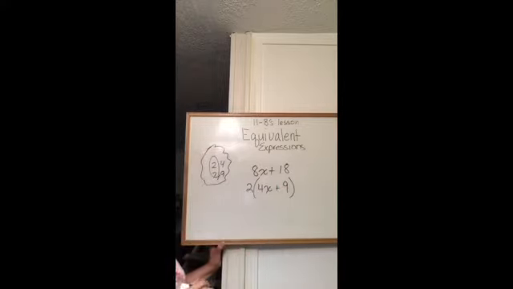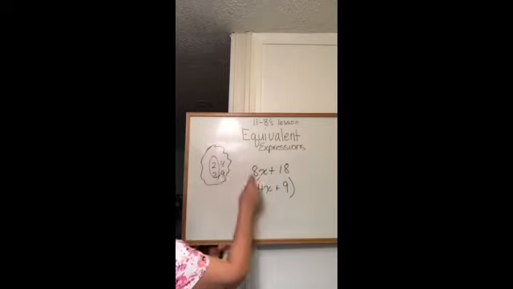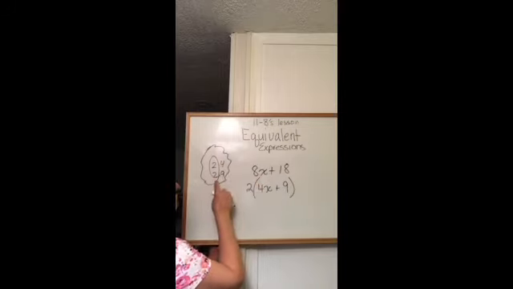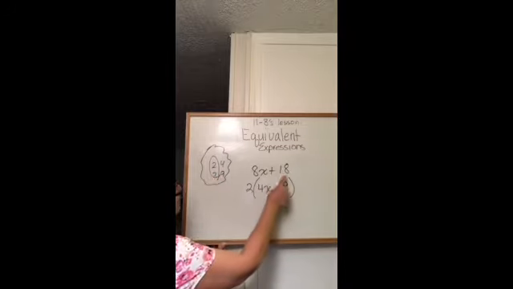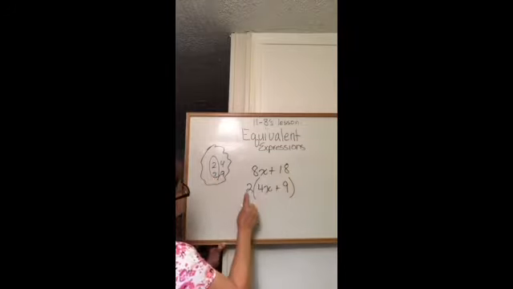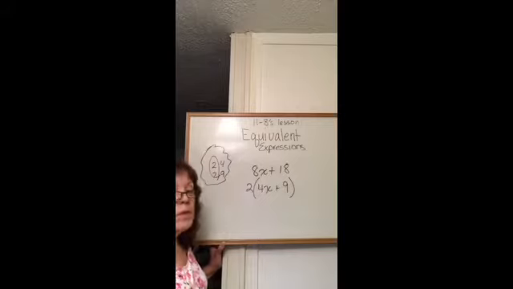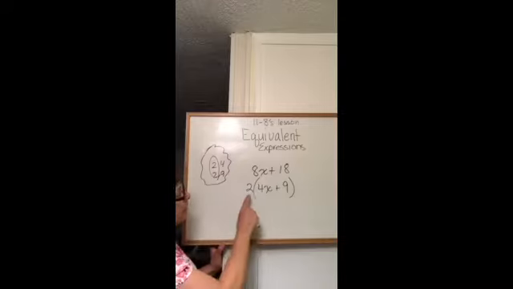Do you see where I got these numbers? 2 times 4 was 8. So here's the 2 and here's the 4. And 2 times 9 is 18. Here's the 2 and there's the 9. I hope that makes sense, because this one was the one that tripped up some of you today on the quick check. But this is pulling out a common factor.